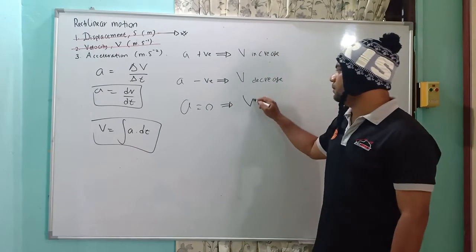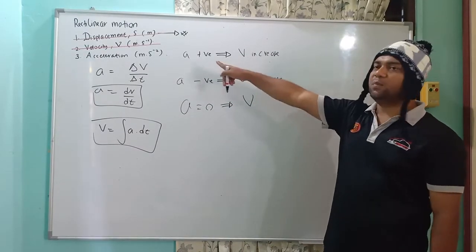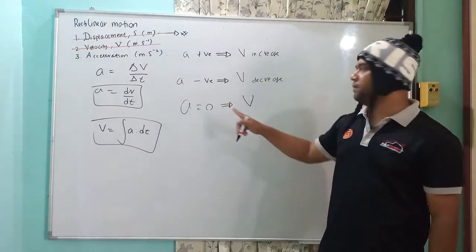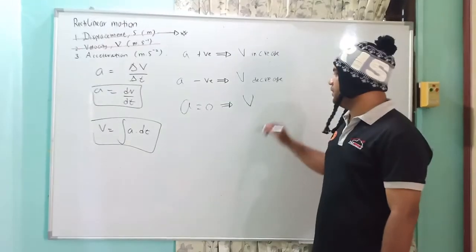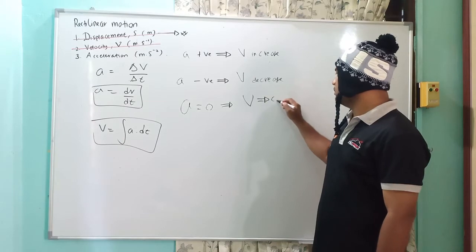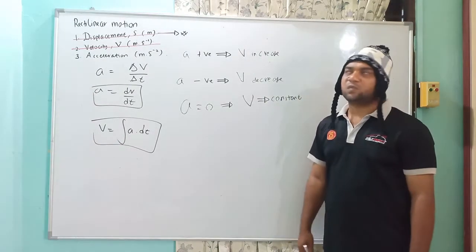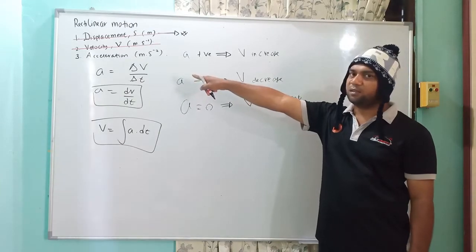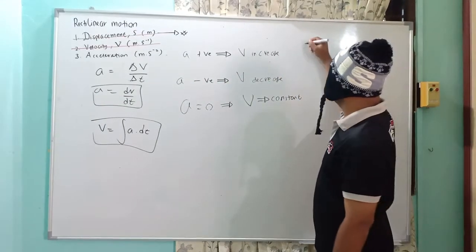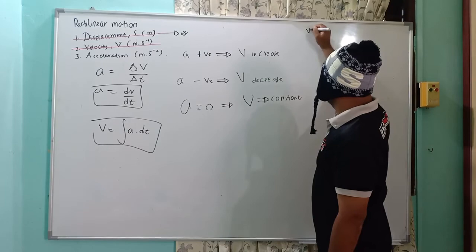And there is also the condition where A equal to 0. When V increases, A is positive; V decreases, A is negative; A is 0 when V is constant, because it is the rate of change of velocity. Let's say in this case V increases.